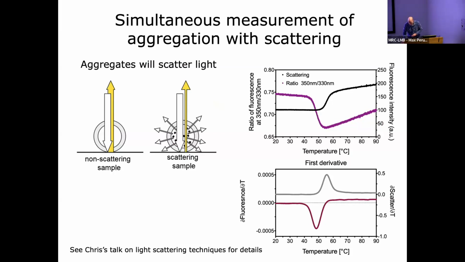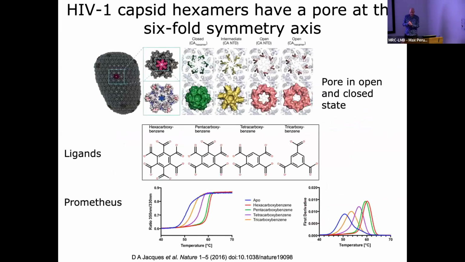Here's an example from the James group, where we used this very well. They made the HIV capsid, and when they saw the structure, they found in the capsid there was this pore formed by a ring of six members, and it was in open and closed forms. So they thought, could we have a drug, or could we stabilize this? What would happen?